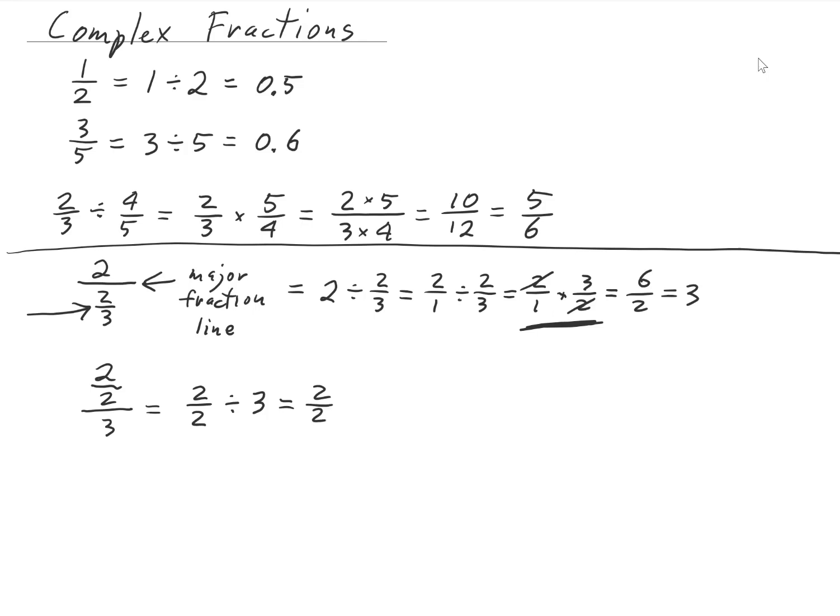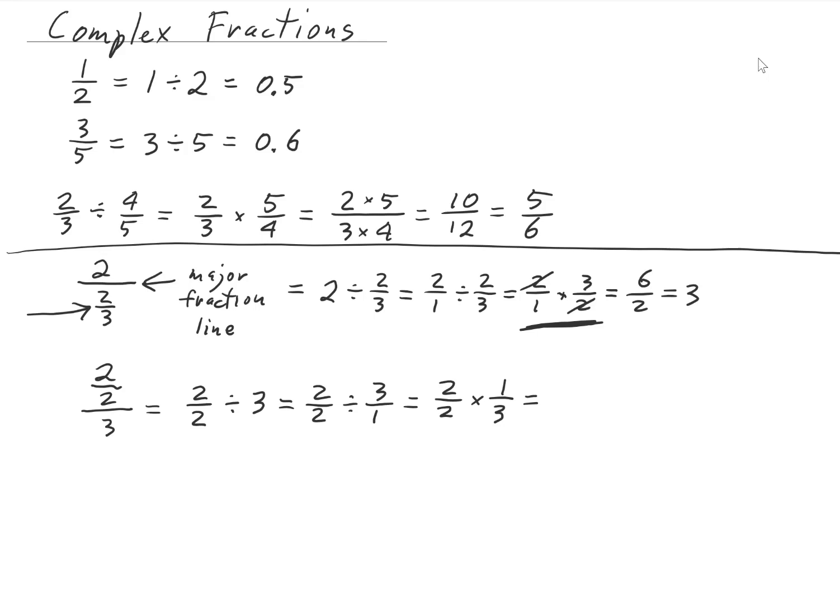So it's 2 over 2 divided by 3 over 1. And again, we change that into a multiplication problem by keeping the first fraction the same, changing the division into multiplication, and taking the reciprocal of the second fraction. So we get 2 over 2 times 1 over 3.